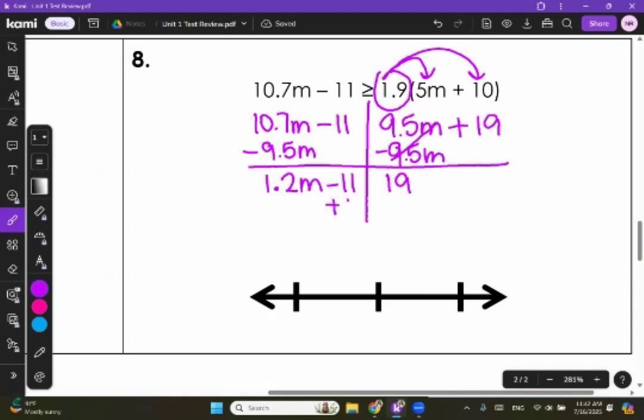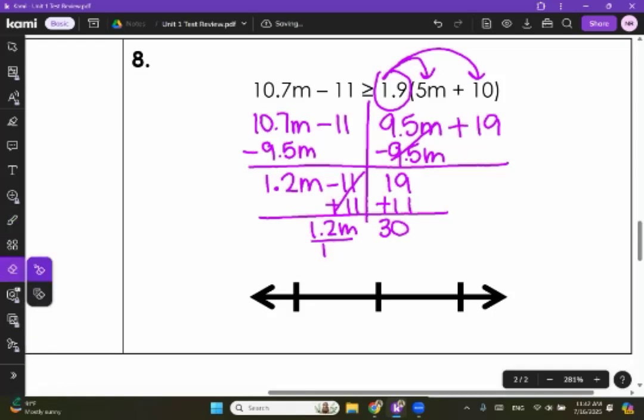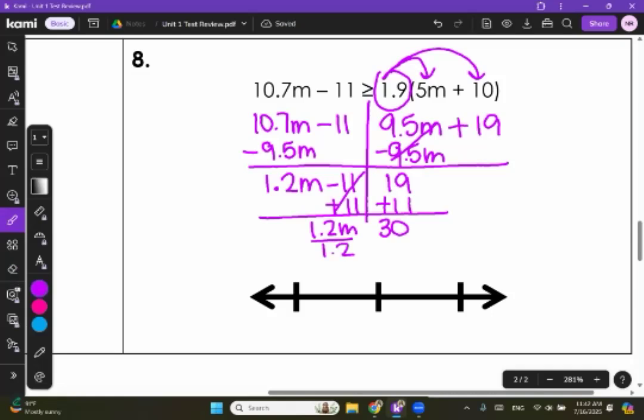And the next step is to add the constant. 19 plus 11 is 30. Last step is to divide by 1.2. So I'm just going to come straight over.